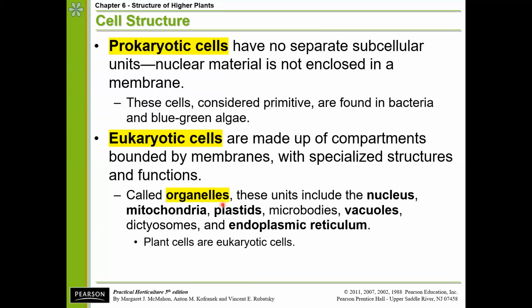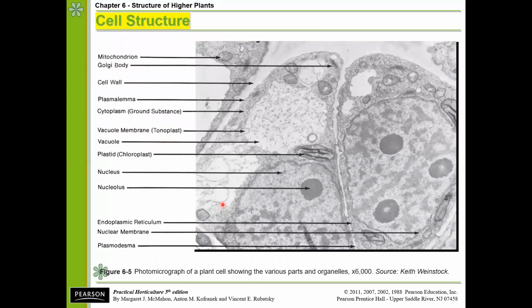So looking at some of these inside of the cell, in the plant cell we've got a few different components than we would have in an animal cell. We've got the cell wall here on the outside. It's holding all that cytoplasm in there, and the cytoplasm is kind of flowing within the cell, holding everything in its different places.